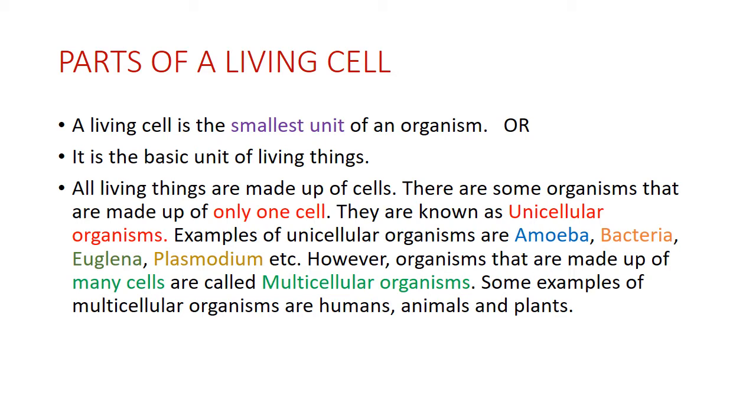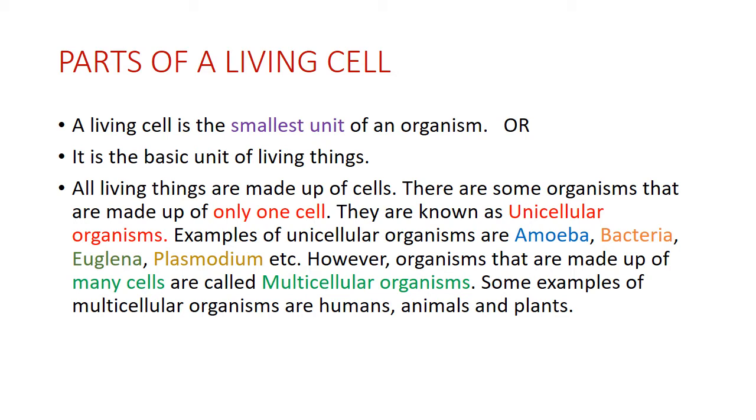That's why we say a cell is the smallest unit of an organism, or the basic unit of living things. You could also say a cell is the building block of living organisms. In other words, a cell is what builds up a living thing, whether plants or animals.